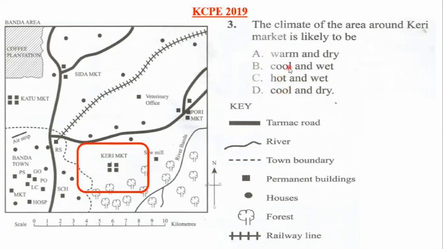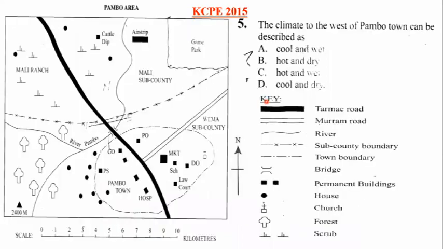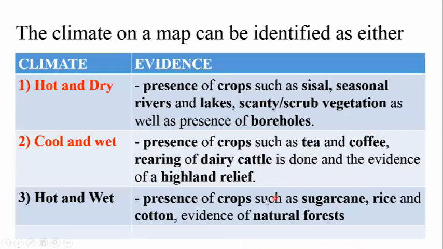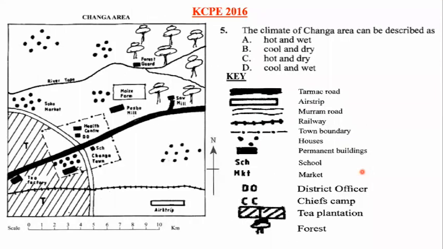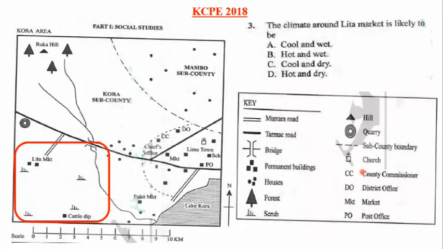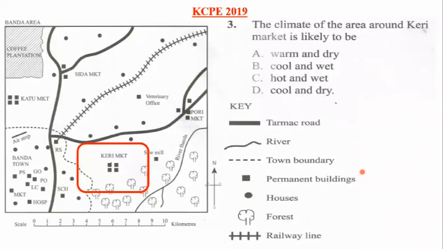Let's see, where we had the forest, natural forest, presence of sugarcane, rice, cotton, evidence of natural forests. You see, then that one is hot and wet. So let's see. We were at KCPE 2019, hot and wet.